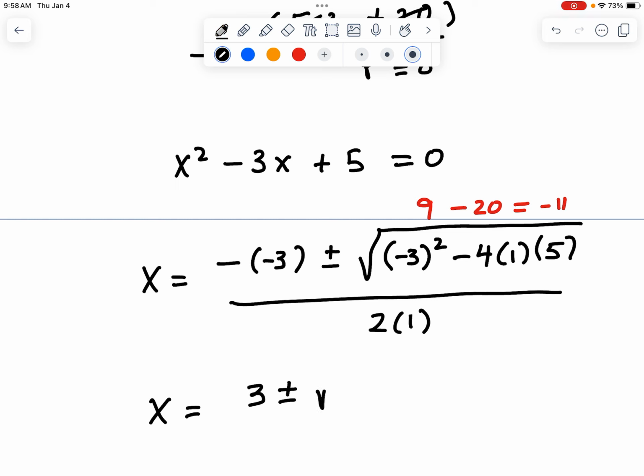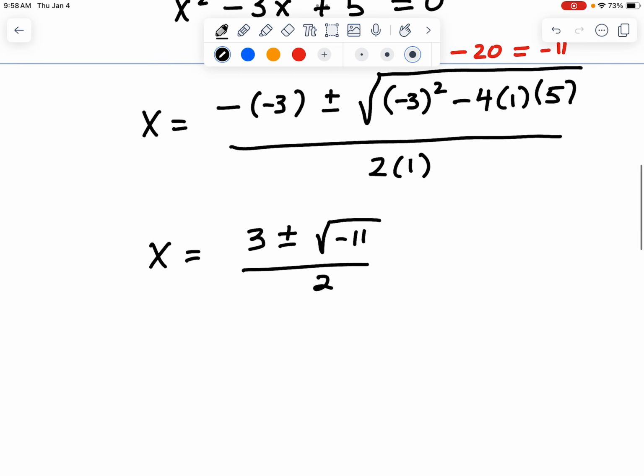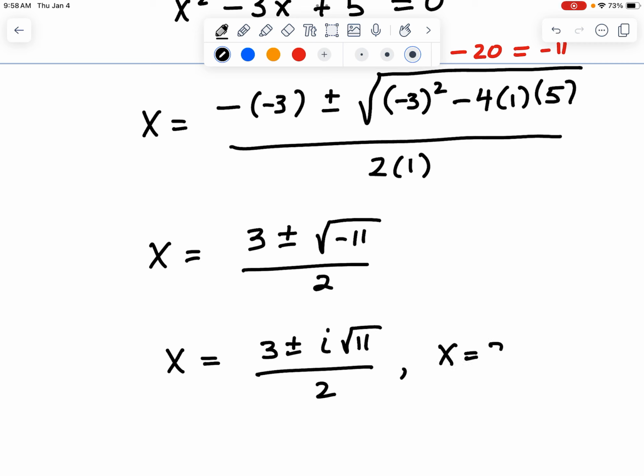So inside the square root, there's a negative 11. And the square root of a negative is an imaginary number, so that means it's 3 plus or minus i square root of 11, divided by 2. And then we also got that x equals 2i, because that was given.